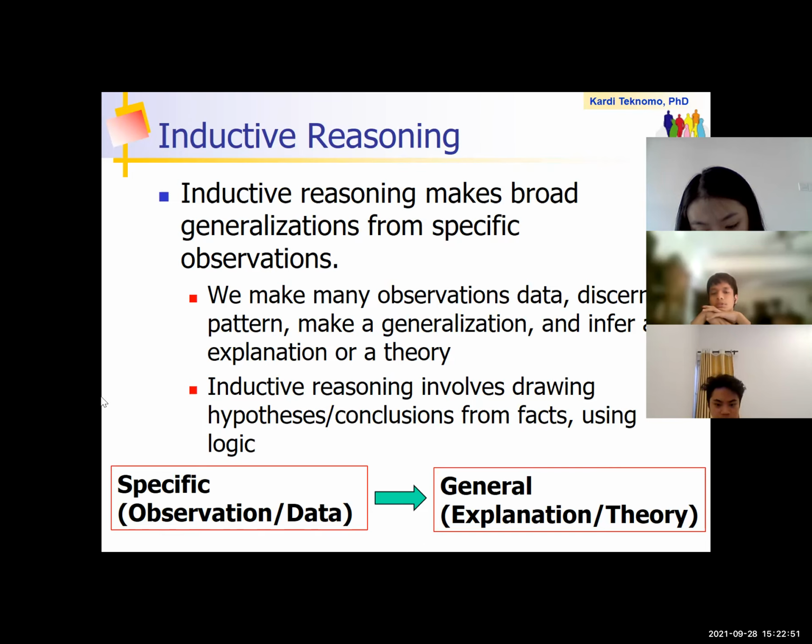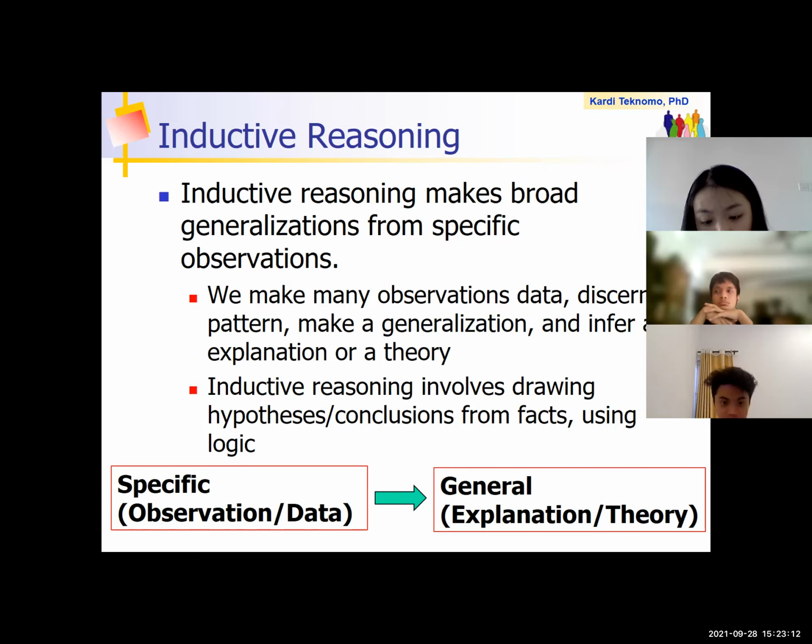Right? So again, it's the other way around. In deductive, you start with the theory, the explanation, and then you talk about the observation, something that you observe. Inductive is the other way around.